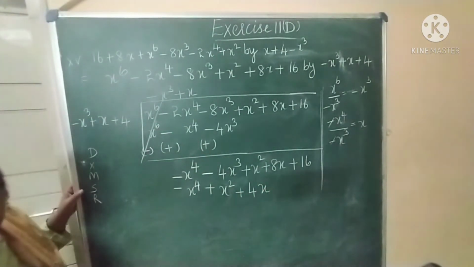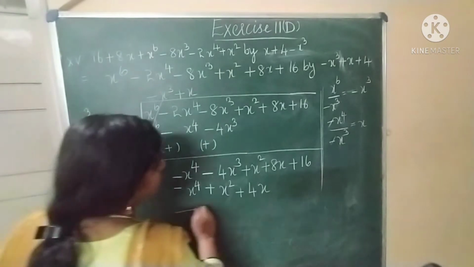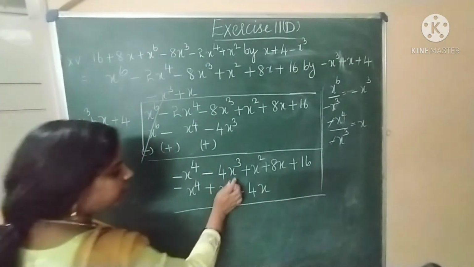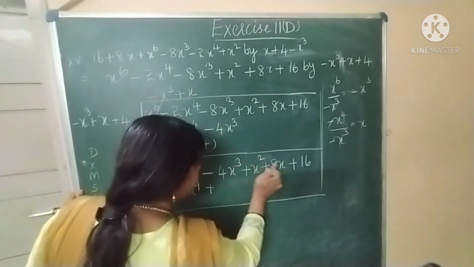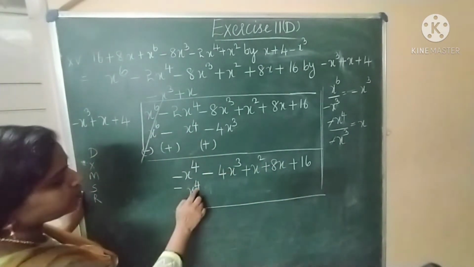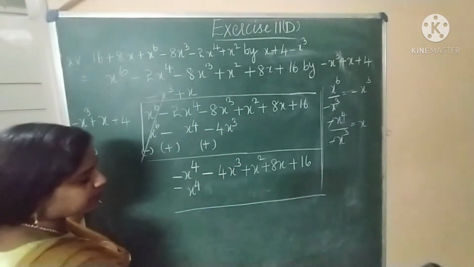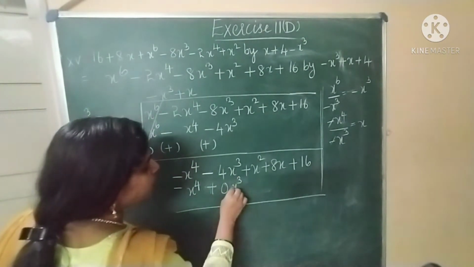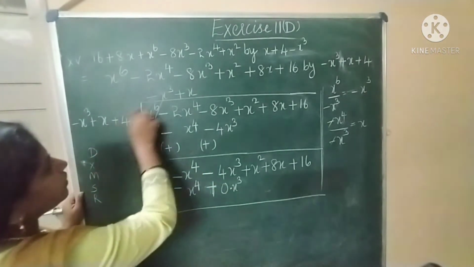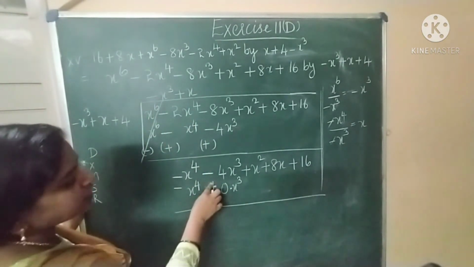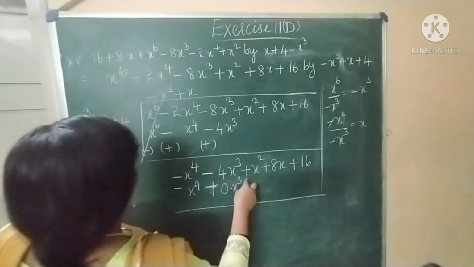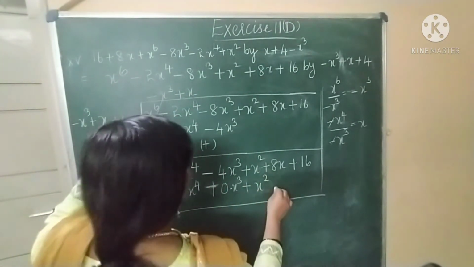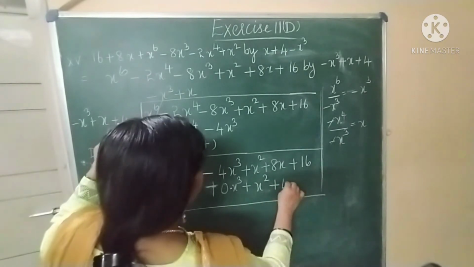Or else, if you want a simpler manner, see, x cube term is missing here. So you can write 0 into x cube, because the x cube term is missing here. If I multiply also, I don't get an x cube term. Then next plus into plus is plus x square, and then plus into plus is plus 4x.